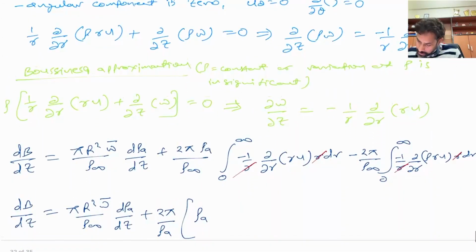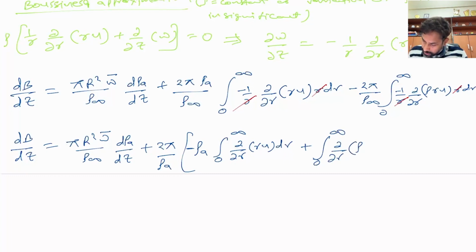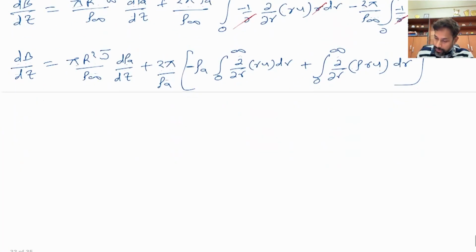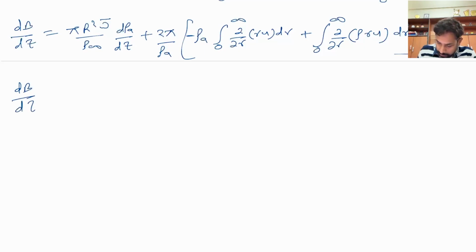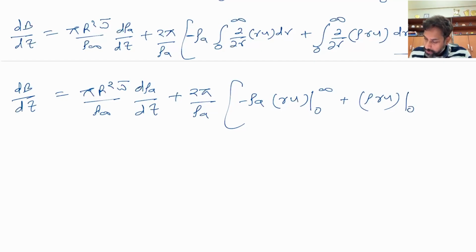Okay, so eventually it will become positive: minus integral 0 to infinity d by dr ru dr plus integral 0 to infinity d by dr r rho ru dr. Now you can see this is both differential and integral, so we can simply pull them outside, and this will become pi r square w bar by rho infinity d rho a by dz plus 2 pi by rho a, and this becomes minus rho a r u evaluated from 0 to infinity plus rho r u from 0 to infinity.